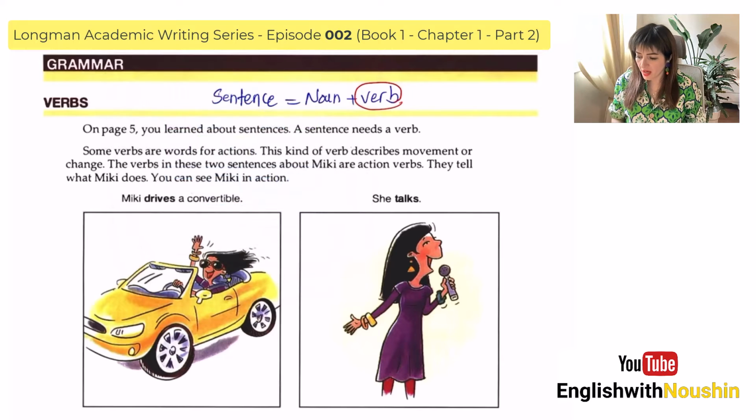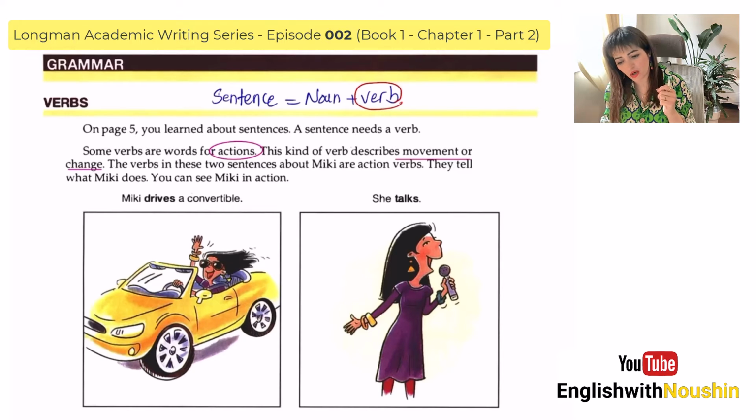Now, we've got two different kinds of verbs. Some verbs are words that are used for actions. For example, they describe a movement, they describe some sort of change, something that you can see technically moving.